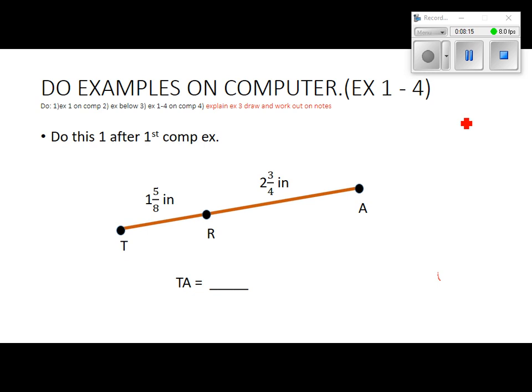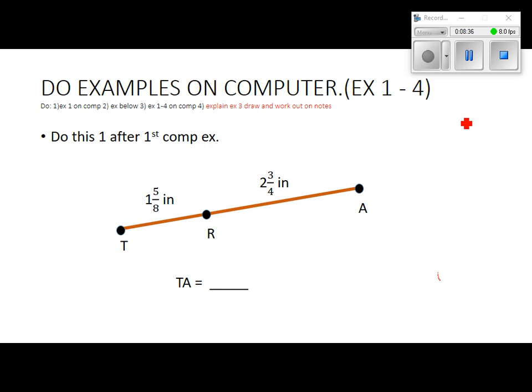First example here. How am I going to find the length of segment TA? Everybody's favorite, right, Josh? Everybody loves fractions, don't they? You know? See, Jonathan's over here. Jonathan, get that calculator out.